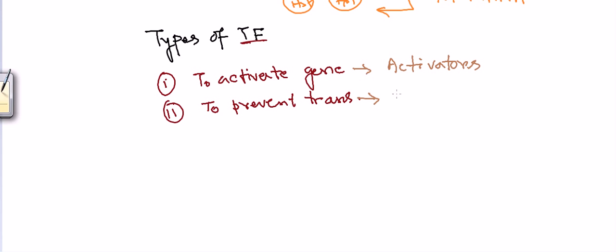These are called deactivators or inhibitors, right? In both cases, transcription factors can work alone, or sometimes they need some other accessory proteins to function with them. In those cases, the accessory proteins are called mediators.